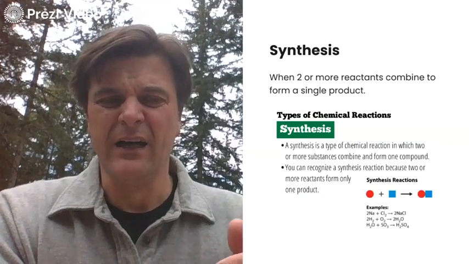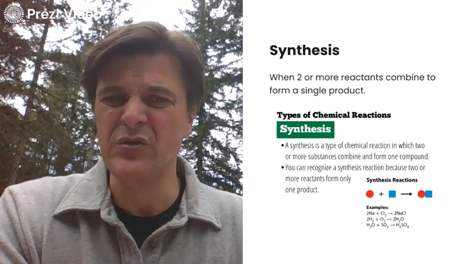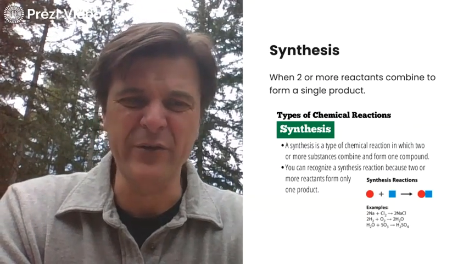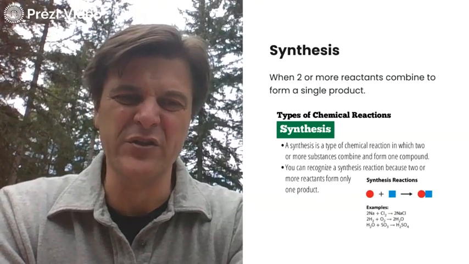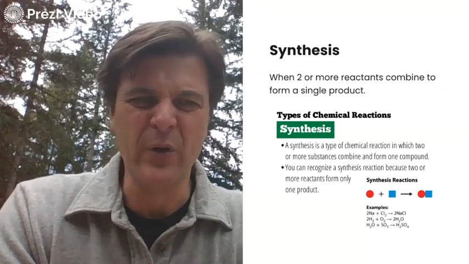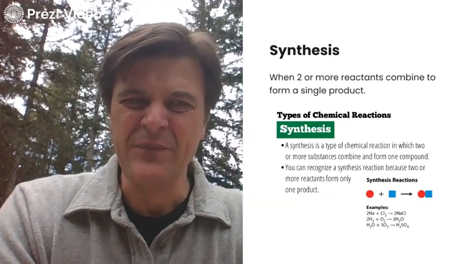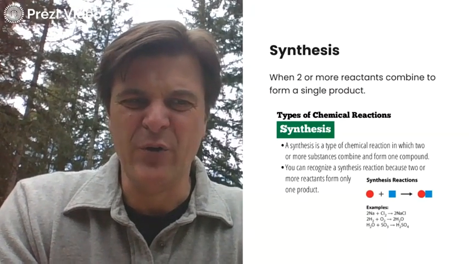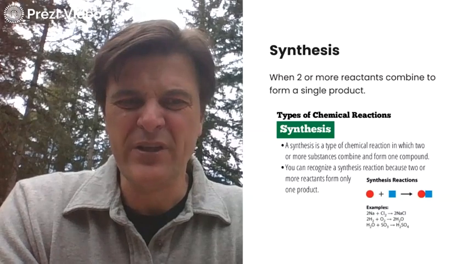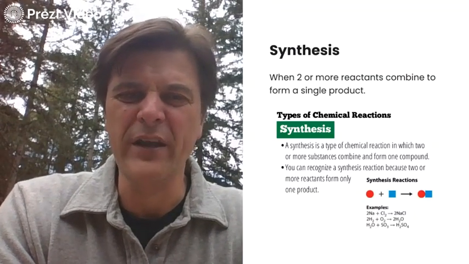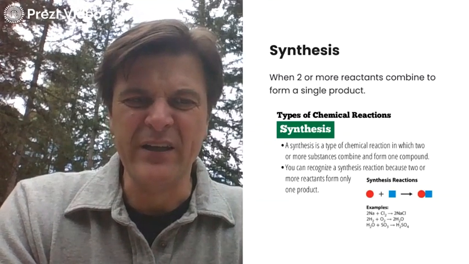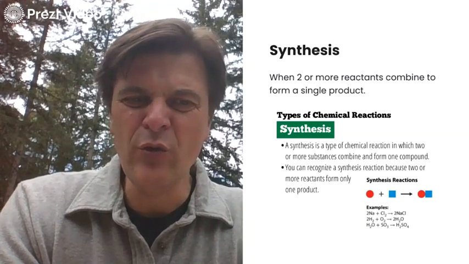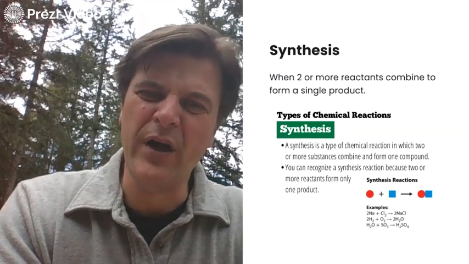To do that, you use this simple pattern: A plus B gives AB, or the little red circle and the blue square, and then they combine together. So the synthesis is a type of chemical reaction in which two or more substances combine to form one compound. So there's only one product. You can recognize a synthesis because two or more reactants form one product.